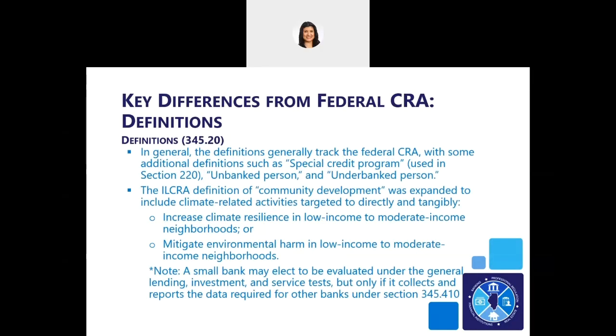So let's get into what are the differences compared to the Federal CRA. We will start off with the definitions, and generally the definitions track the Federal CRA with some additional definitions such as special credit program used in Section 220, unbanked person, and underbanked person.